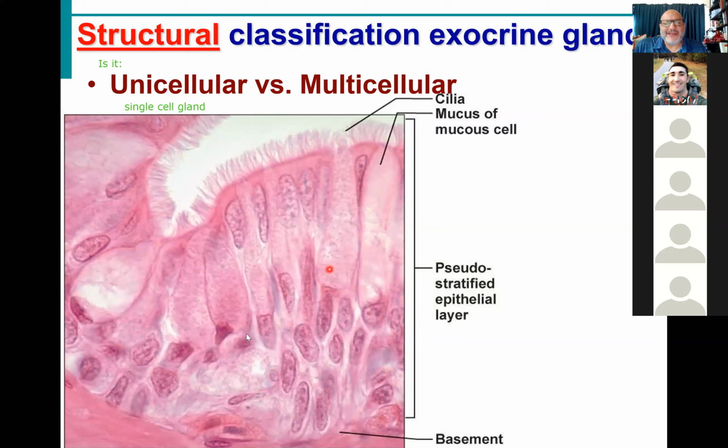Now, if we were to look at this tissue in your body, would it really be this bright, beautiful pink that we're seeing right here? No. Most of the time, you've got to think about how we make these slides. The way we make these slides is we take a chunk of tissue out of an organism, and then we freeze it.